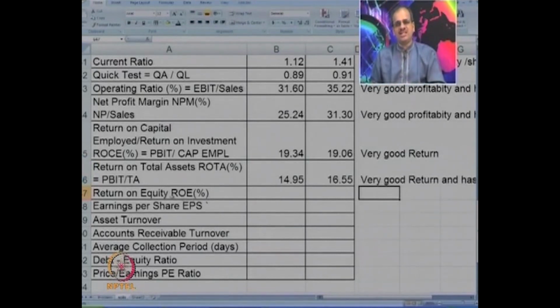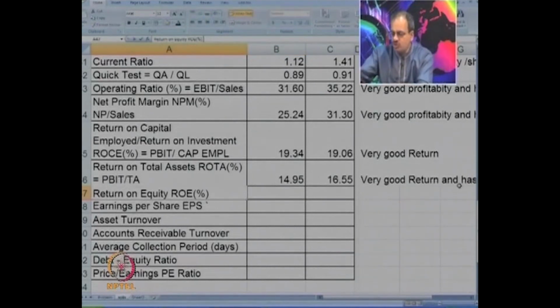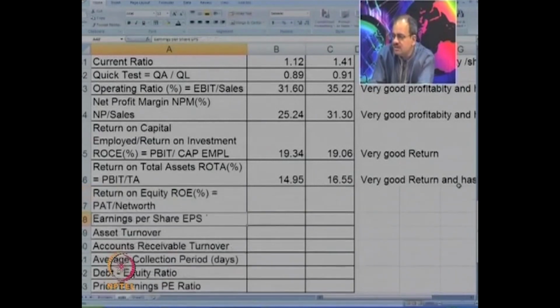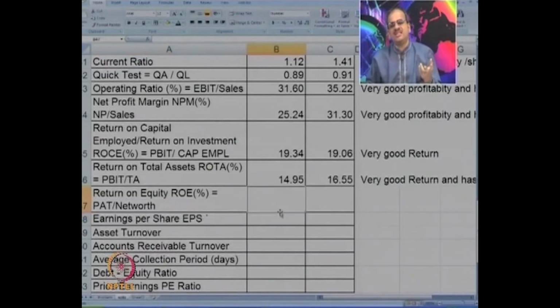Now, let us go to the next ratio, that is return on equity. Here we are trying to link the profit to the owner's fund. So, what should be the formula? In the numerator, now I will not take PBIT, I would rather take PAT or profit after tax and divide it by net worth. You know net worth is nothing but the owner's fund, or equity as it's called.